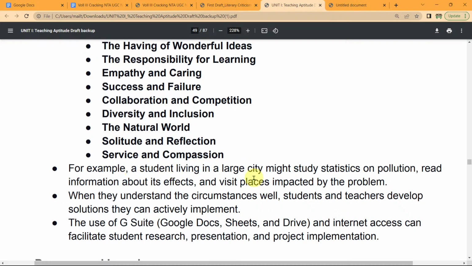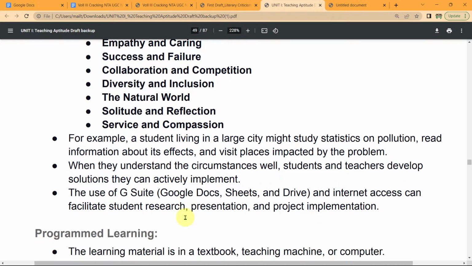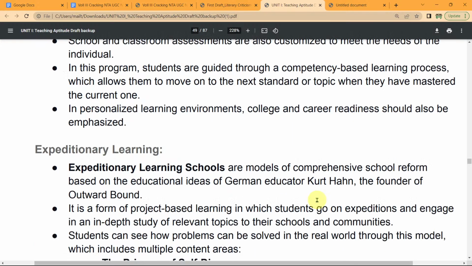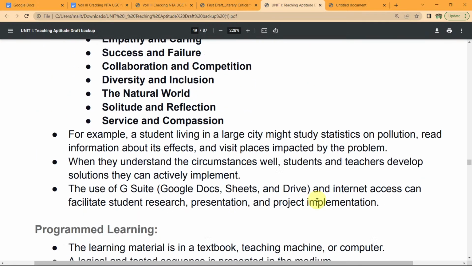A student living in a large city might study statistics on pollution, read information about its effects, and visit places impacted by the problem. When they understand the circumstances well, students and teachers develop solutions they can actively implement. Good. So the use of G Suite, Google Docs, Sheets, Drive, these are all included in expeditionary learning.